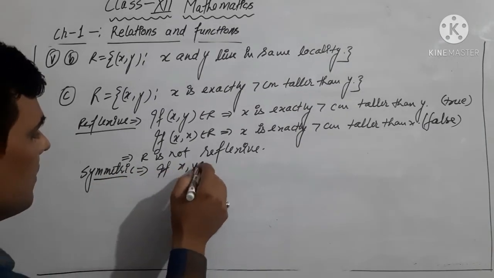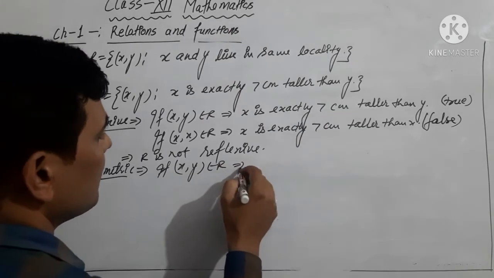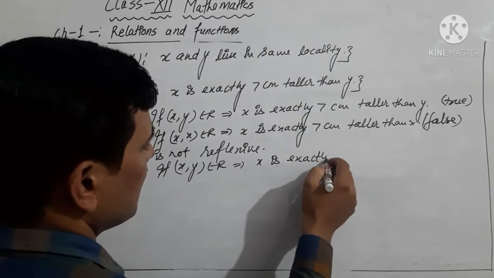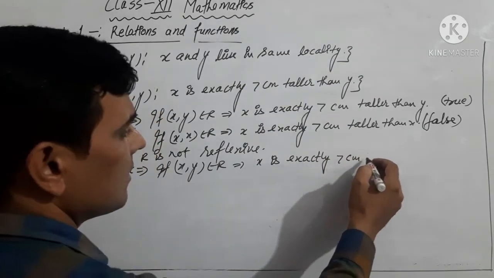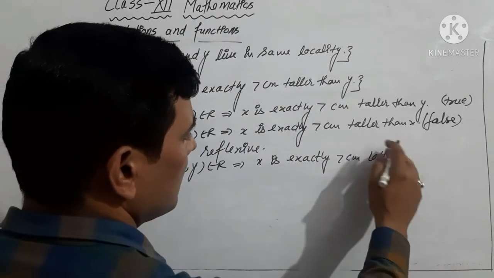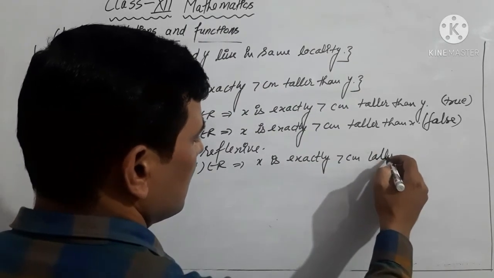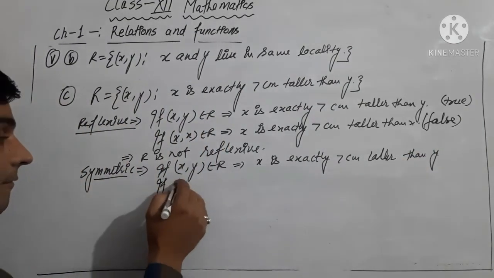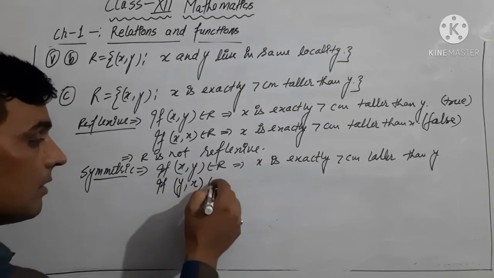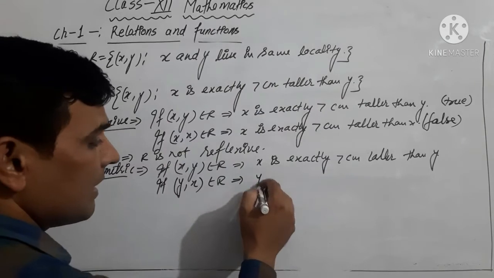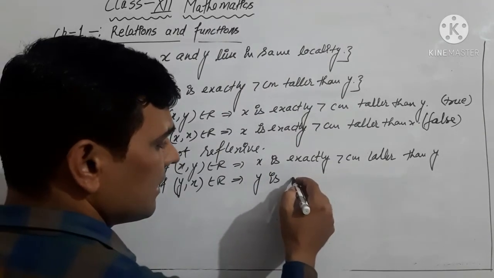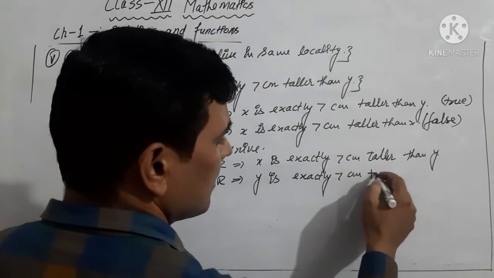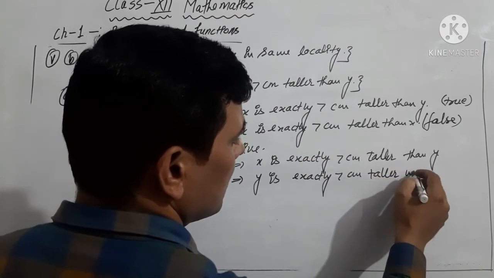For symmetricity, if (x, y) belongs to R, this should imply that x is exactly 7 centimeter taller than y. If (y, x) belongs to R, this should imply that y is exactly 7 centimeter taller than x.